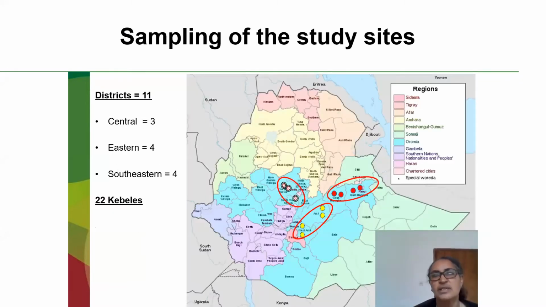This slide shows the study sites. We selected 3 different zones in the region and 11 districts under the 3 zones.